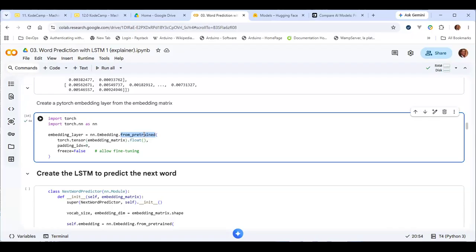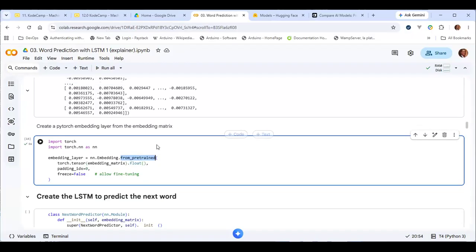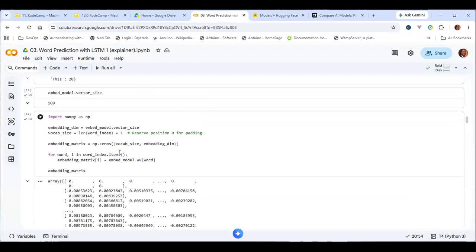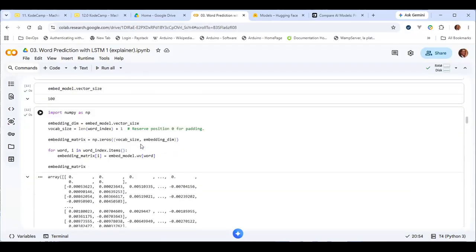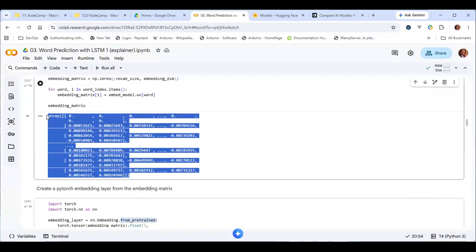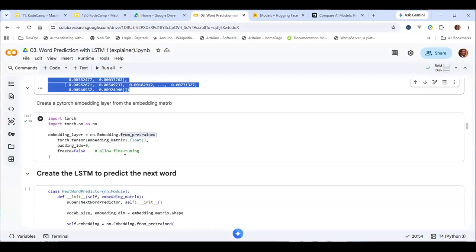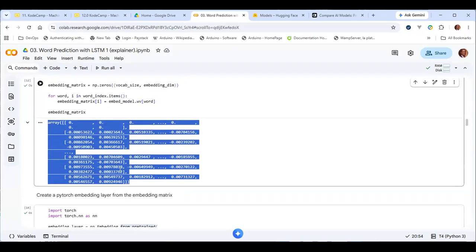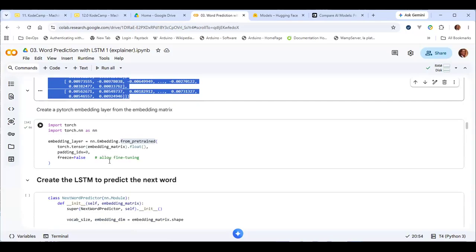But if you already have pre-existing embeddings, like this one we got from Word2Vec, then you can effectively just use that embedding matrix instead of trying to train your model. But even if you train your model, if you start from an existing one, the model learns faster because it is already smart. It's like you're taking the model that's already smart, knows a little bit about the meanings of words, and then you train it to fine tune and get better on those meanings.